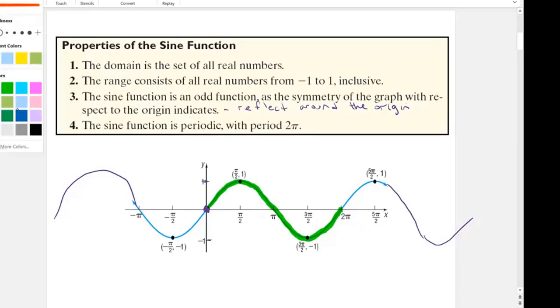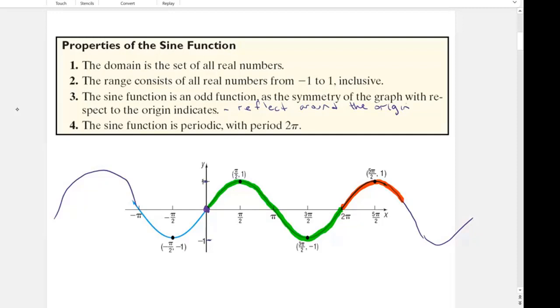So if I start here, notice it looks exactly the same. And it would continue like that forever. And we have this thing, and it's called the period, and the period is 2 pi. It's one cycle. Okay, so we have one cycle. The green one is 2 pi. The red one is 2 pi. All of them are going to be 2 pi. Okay, so that's the period for the sine function.